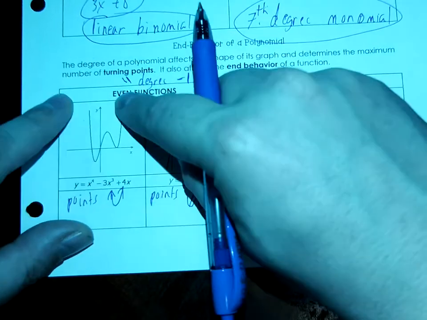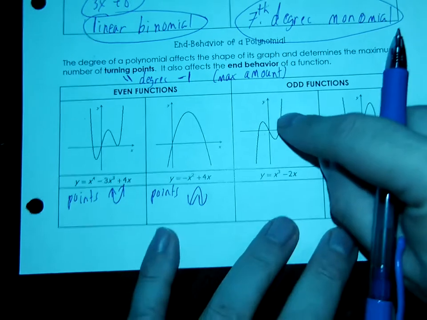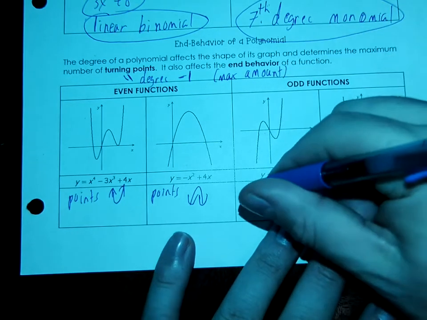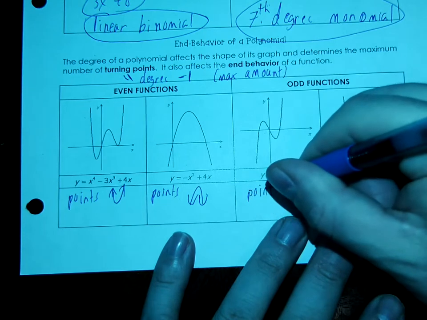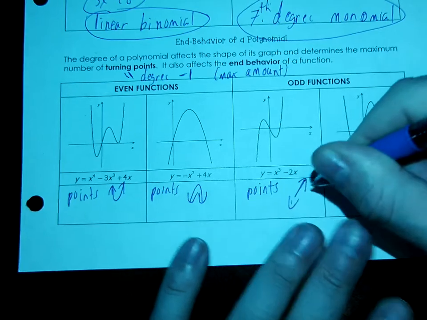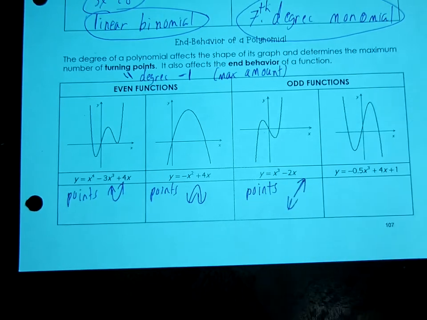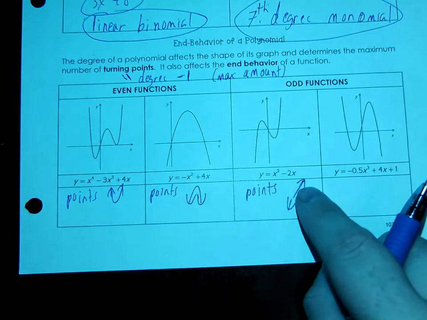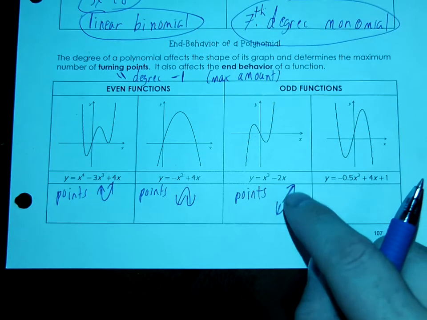So it points upwards. Any ideas what this one does? This one, it points on the right, it points up, but on the left, it points down. Now, why did I write that as a line instead of writing it just like this? Well, because that's what we say. On the right it points up, and on the left it points down.